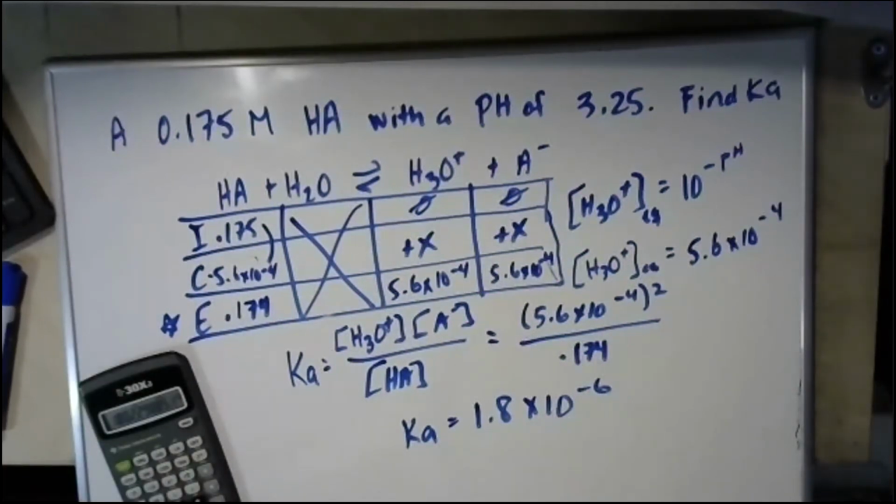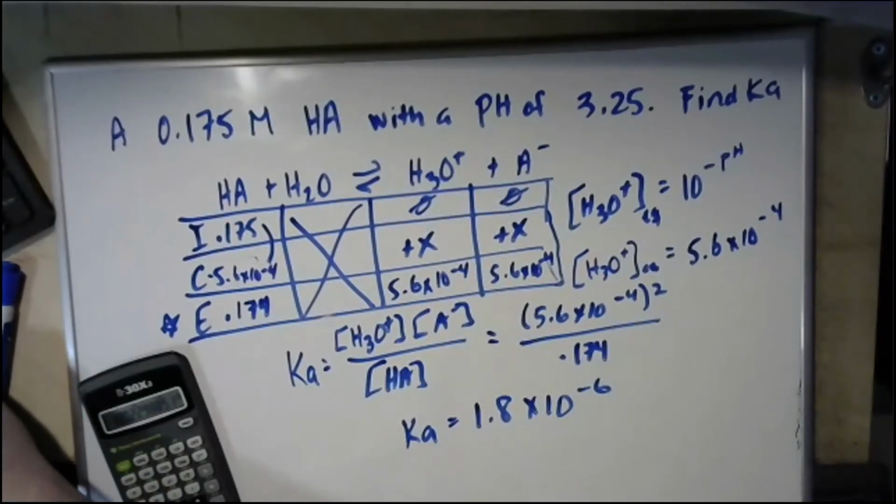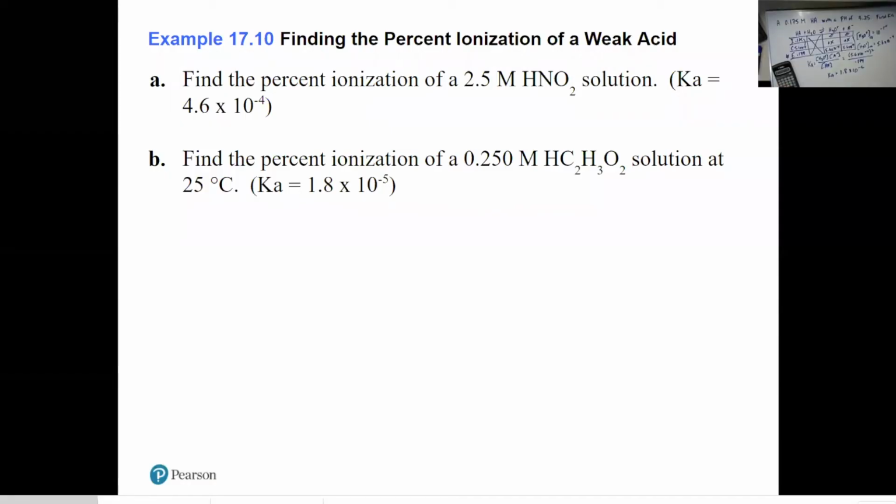All right, next question we're going to look at is, let me throw it up on the screen while I set up for the next problem so you can write stuff down, is we're going to find the percent ionization of these two solutions. Okay, so for A, we have 2.5 molar HNO2 with a Ka of 4.6 times 10 to the negative 4.